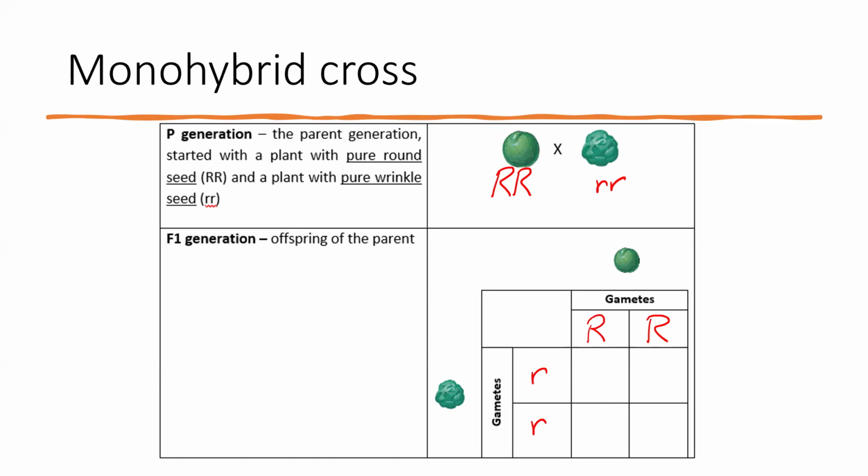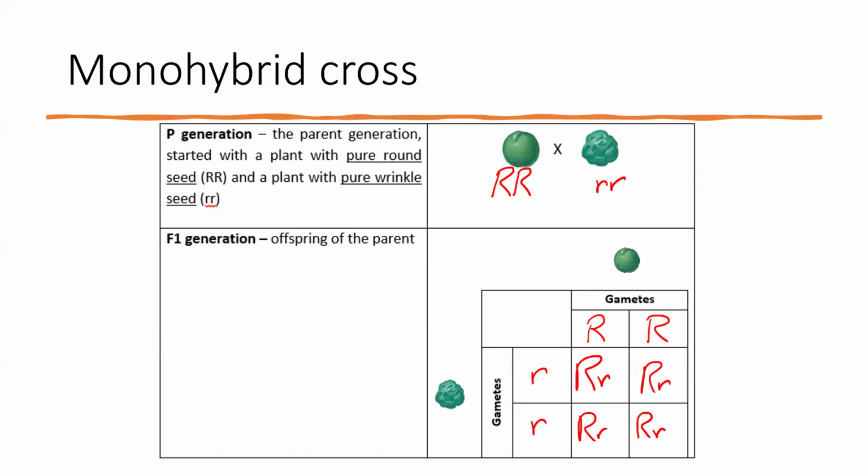What's going to be the genotype of the offspring? Big R, small r, right? And then the next one is also big R, small r, big R, small r, big R, small r. We always write the capital letter before we write the lowercase letter. So this is called a Punnett square. You'll be doing a lot of this for quiz number 4.